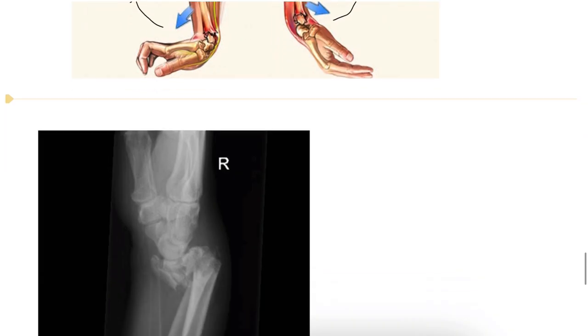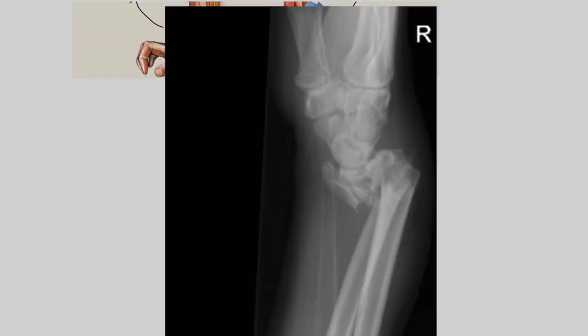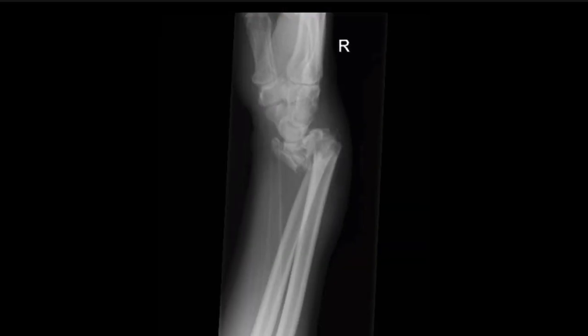Next, if you are seeing this X-ray, you can see the fracture of the distal radius, a displaced fracture with volar displacement and angulation of the distal fragments. This is the lateral view.